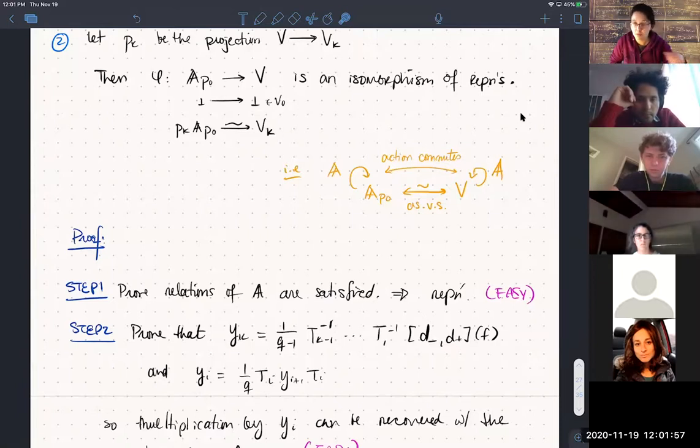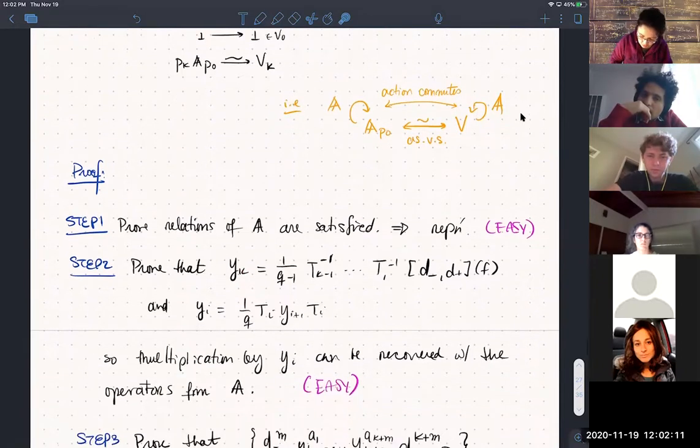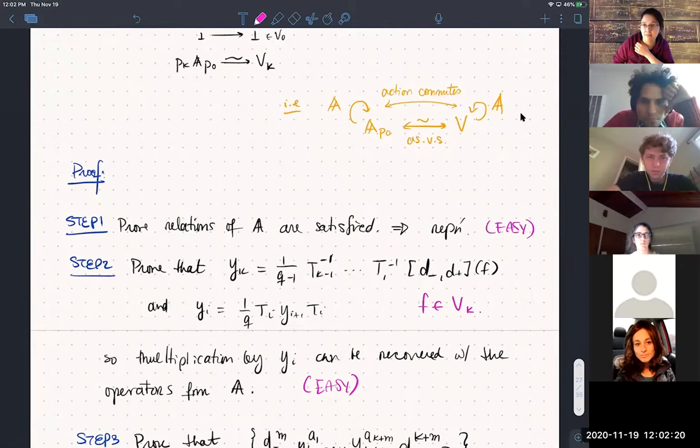So the multiplication by yi on f, where f is any function in Vk, is encoded by acting by these operators d plus, d minus, and ti's. You have all the information already, you can generate everything. So multiplication by the variable yk is equivalent to acting by the composition of these operators.